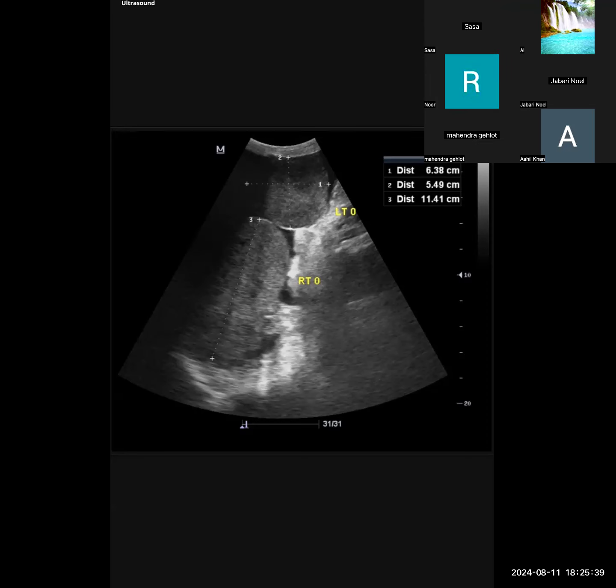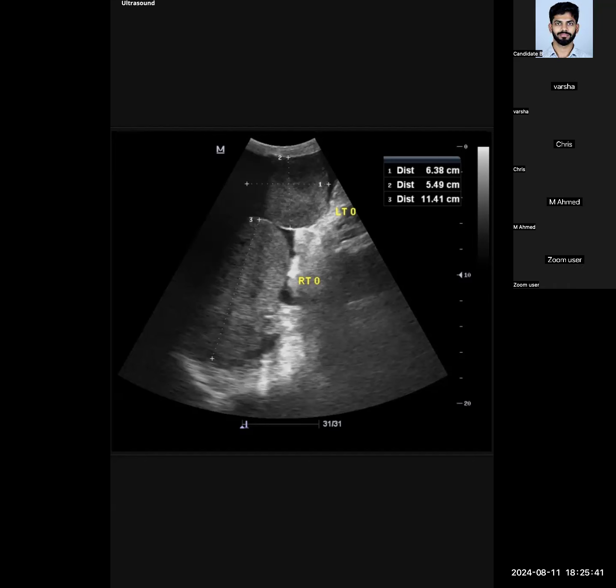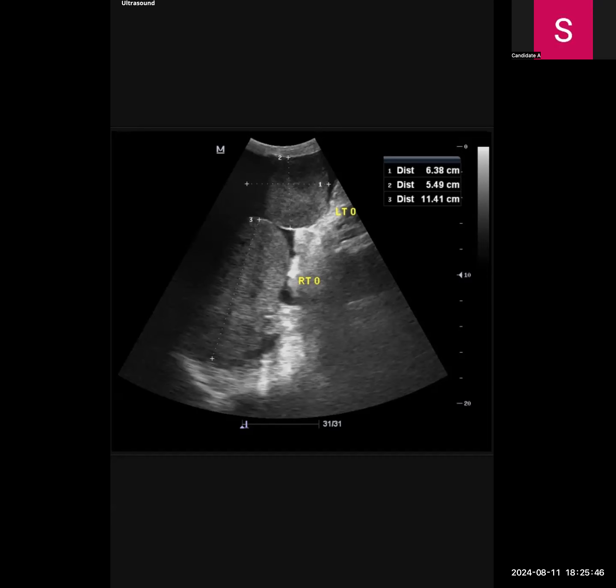There are 2 soft tissue well-defined lobulated areas which are hypoechoic, probably noted in the pelvis. They are marked as right O and left O. I'm thinking that these could be ovaries.